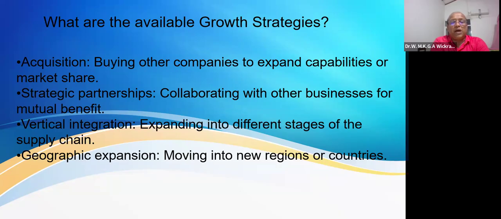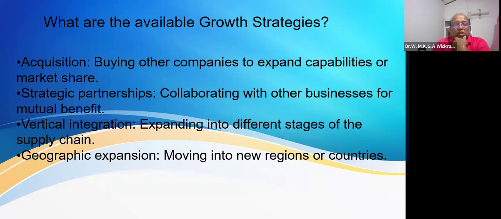So there is strategic partnership, collaborating with other businesses for mutual benefits. Vertical integration, horizontal integration, everything you can see and get the details. If you type vertical integration, they will give, even ChatGPT, whatever place you can find.